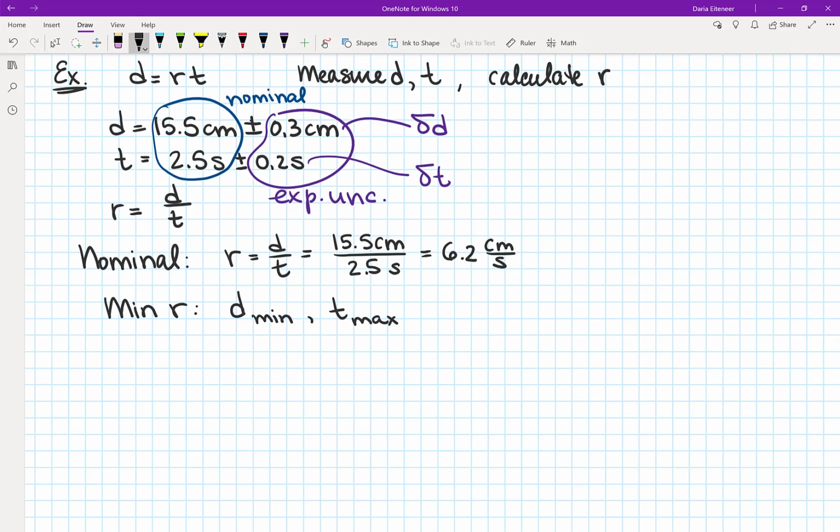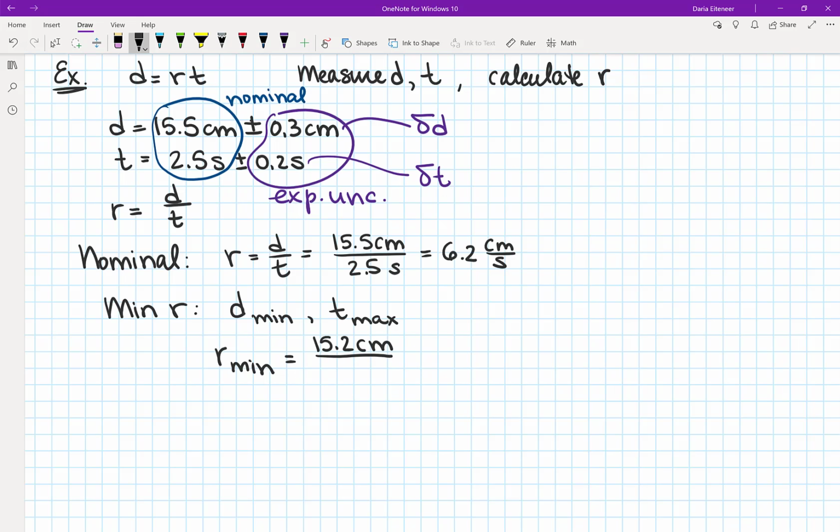So here I'm dividing distance by time. If I want to minimize that calculation, I want to put smallest number possible in the numerator and largest number possible in the denominator, right? So I would calculate R min. How would I get minimum distance? Well, I would take that nominal value and subtract the uncertainty, right? So my minimum distance would be 15.2 centimeters.